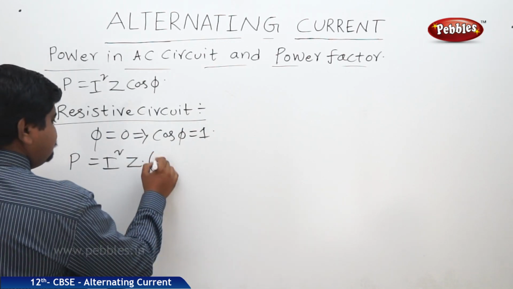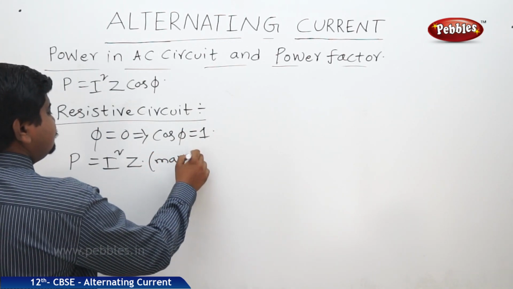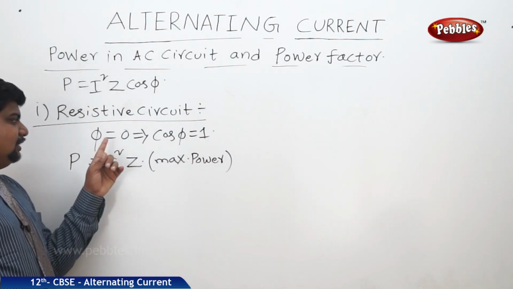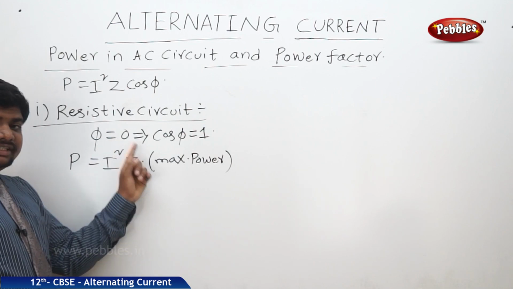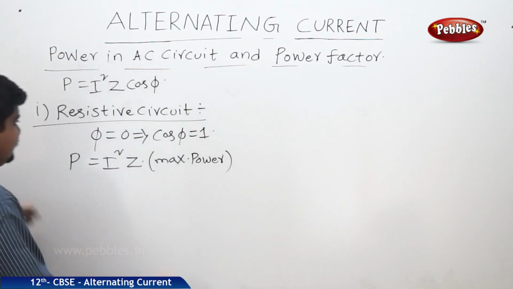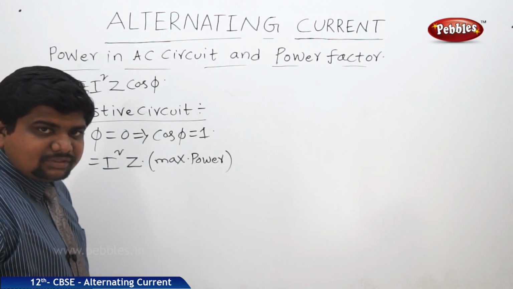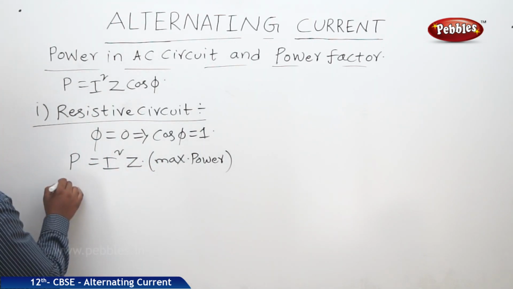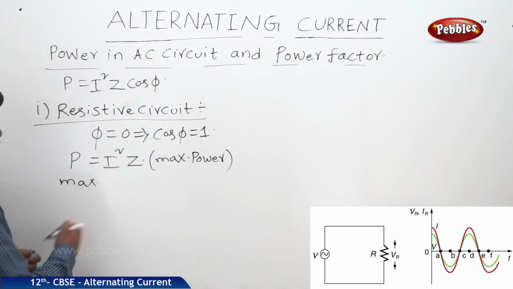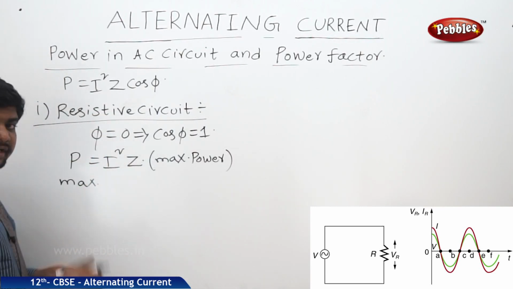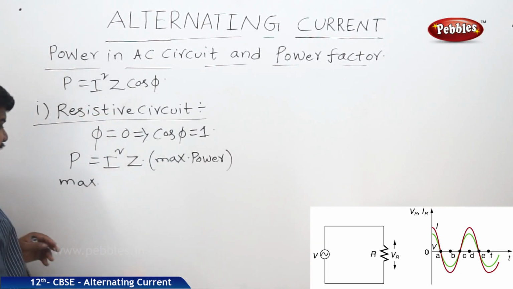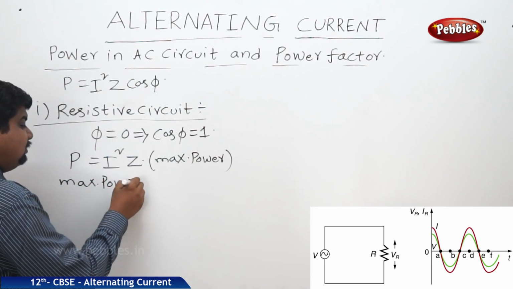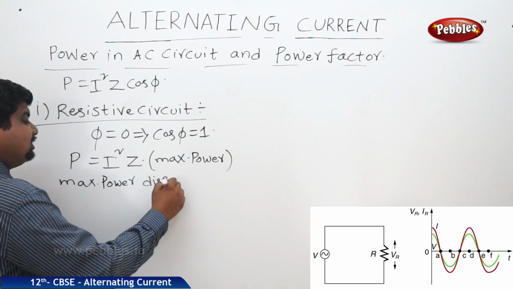It is nothing but maximum power. Maximum power dissipation will be there when phi is equal to 0. That means in case of resistive circuits, maximum power dissipates through resistors. So, in case of resistive circuits or where AC current is connected to the resistances, maximum power dissipation.